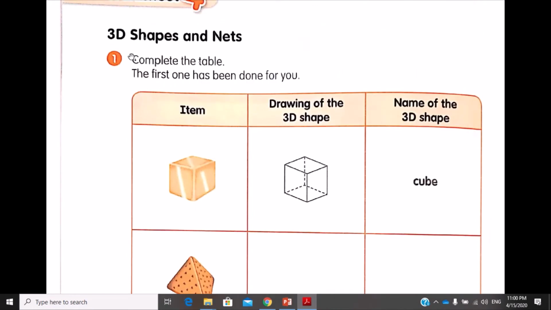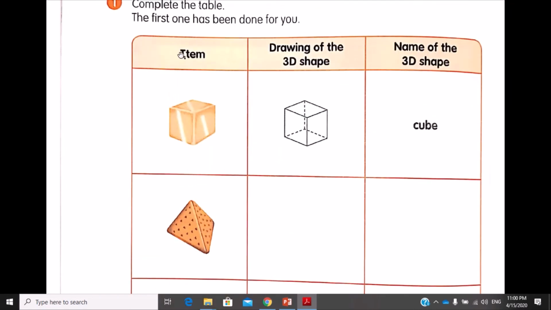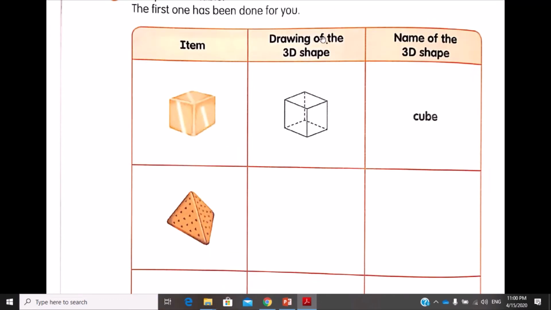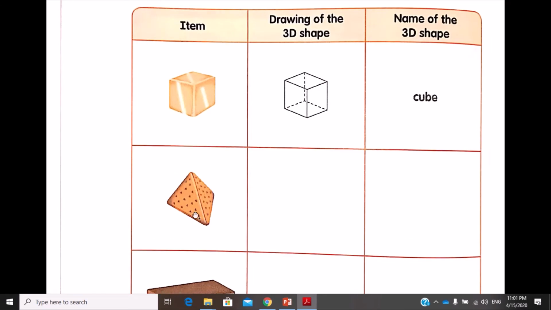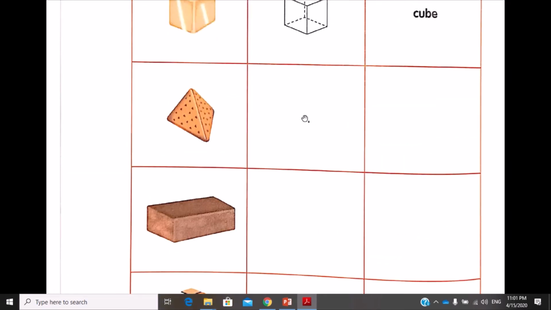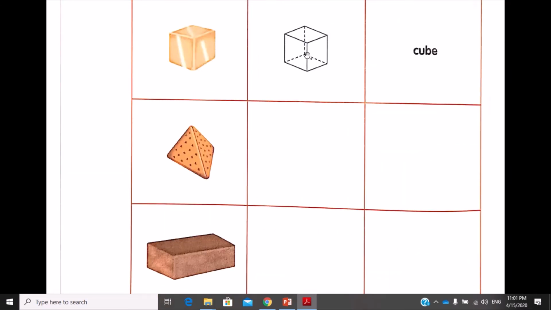So it's telling us here now to complete the table. The first one has been done for you already. So look what it says here, the item. So the 3D shape is done here, and you need to draw it and name all the 3D shapes. So we have to draw all the 3D shapes, how it's like, and draw all of these shapes over here and have the dotted lines around it.